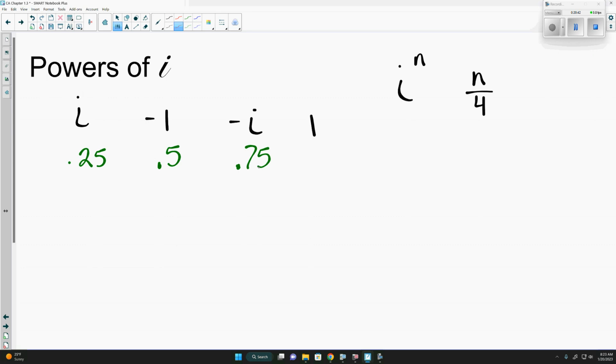If we get a decimal 0.75, it's negative i. And if you get 0.00, it's a whole number. We don't have a decimal, then it's going to be 1. So really, for any power, we divide it by 4, and we get the answer.